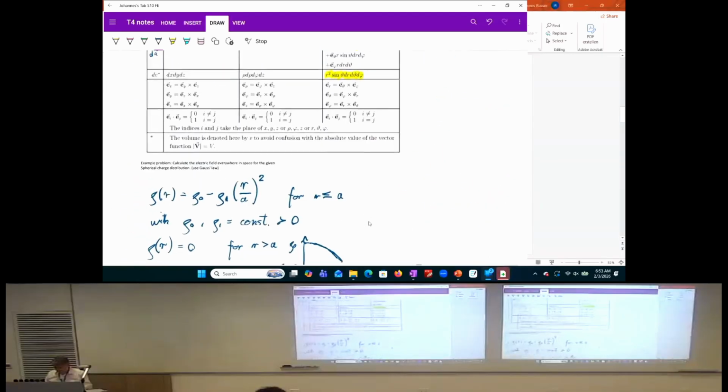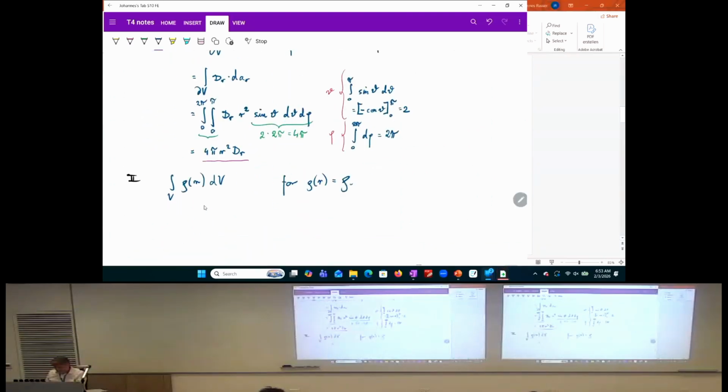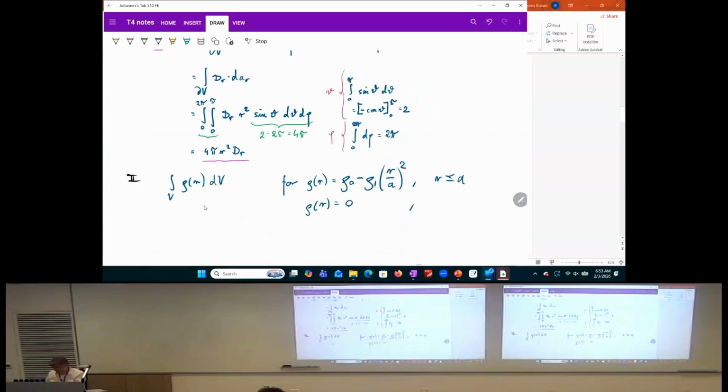Remember, this is our charge distribution given. So this is rho naught minus rho 1 r over a squared for r smaller or equal to a. And on the other hand, we have rho of r equals 0 once r is larger than a.